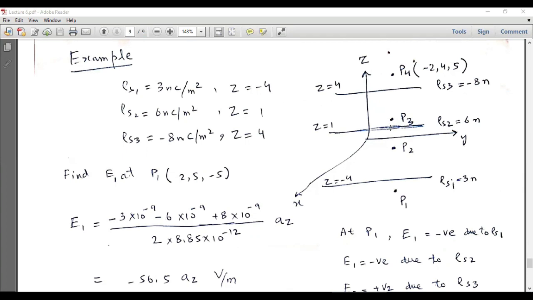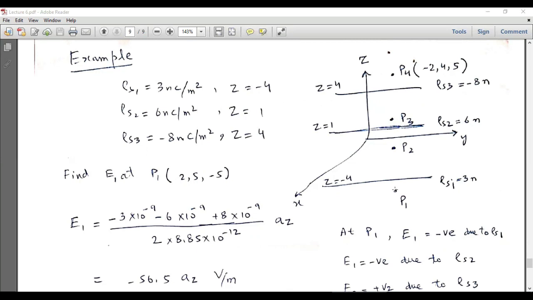Similarly, due to the second sheet of charge, again positive, the electric field will be downward. And due to the third sheet, since it is a negative charge, the electric field will be upward at this point. One thing to remember here is that due to positive charge, the electric field originates outward from the source, and due to negative charge, the electric field is directed towards the source.